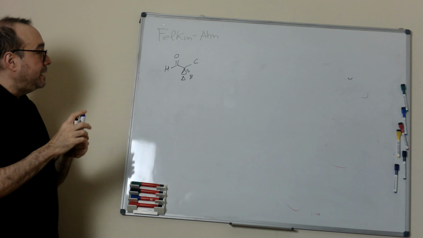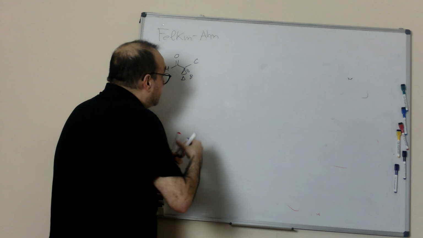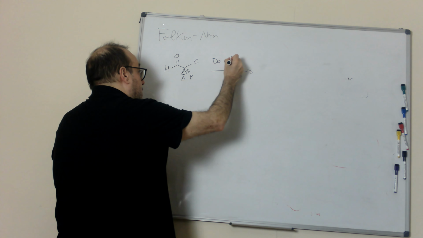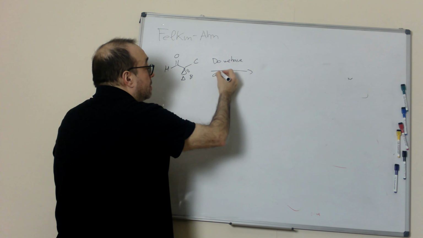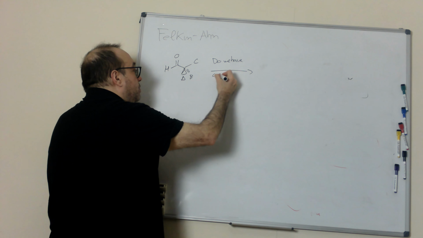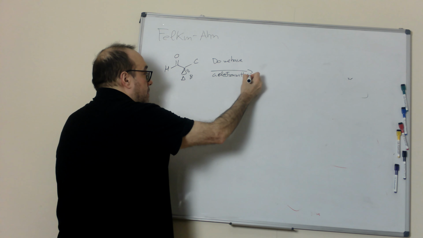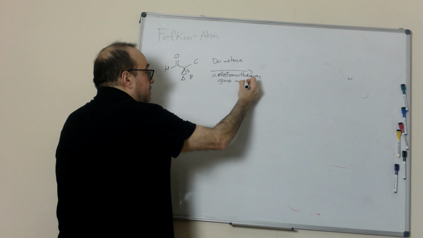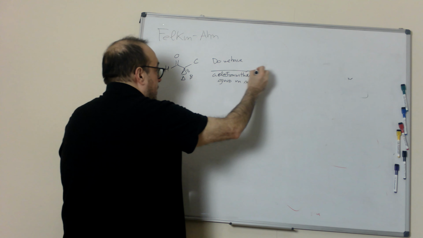The first question that we need to ask is, do we have an electron withdrawing group in alpha? This is the first question that we have to ask.